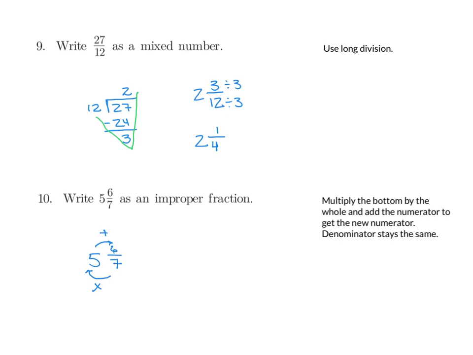So 7 times 5 is 35, plus 6 is 41. Denominator stays the same. So this becomes 41 over 7. All right, that's our converting back and forth between mixed and improper notation.